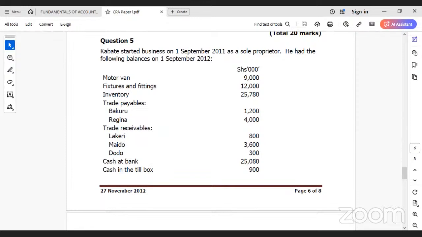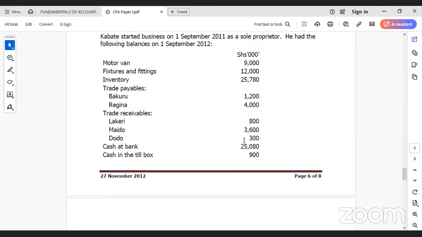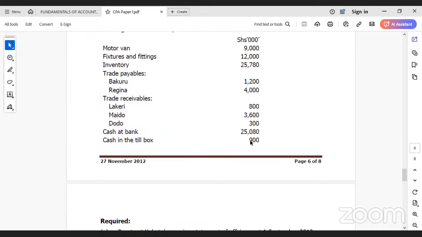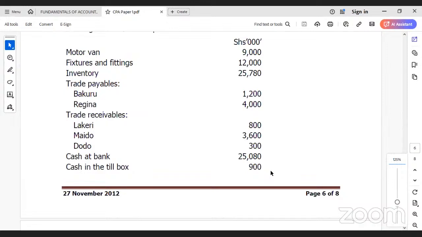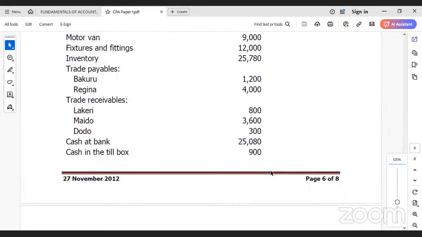Am I reading correctly? Yes. Bakuru, 12,000. Regina, 4,000. Trade receivables: Luckey, 800. Maido, 3,600. Dodo, 300. And cash at hand as 25,080 shillings. Cash in the till box, 900.